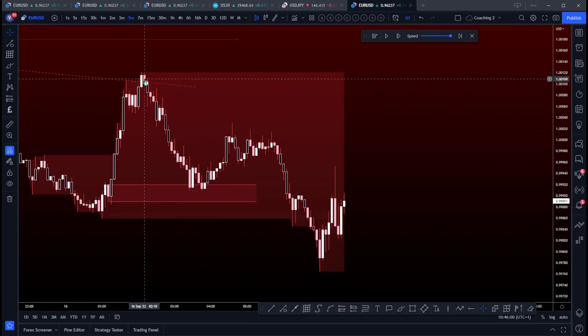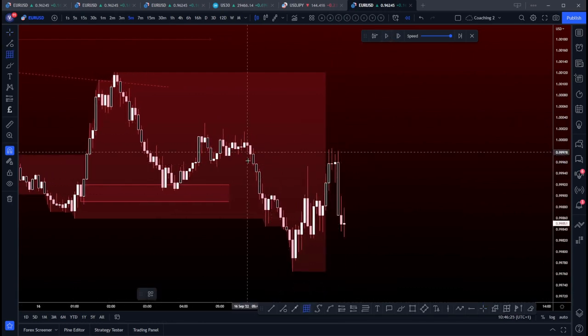Same by here, there was a bit of imbalance there that was left unmitigated due to inefficient price action. And especially at the start of the Asia session, guys, you'll know that it is less likely to fully mitigate. But we had an imbalance candle here. This mitigated straight away, and then this mitigated at a later point, and now we have fresh imbalance.